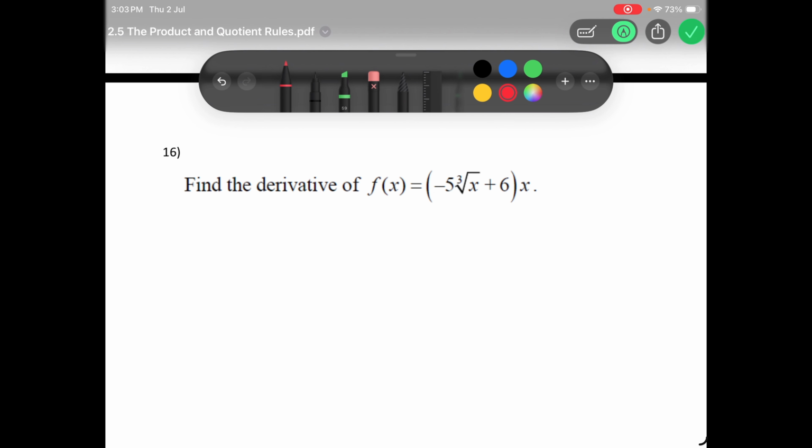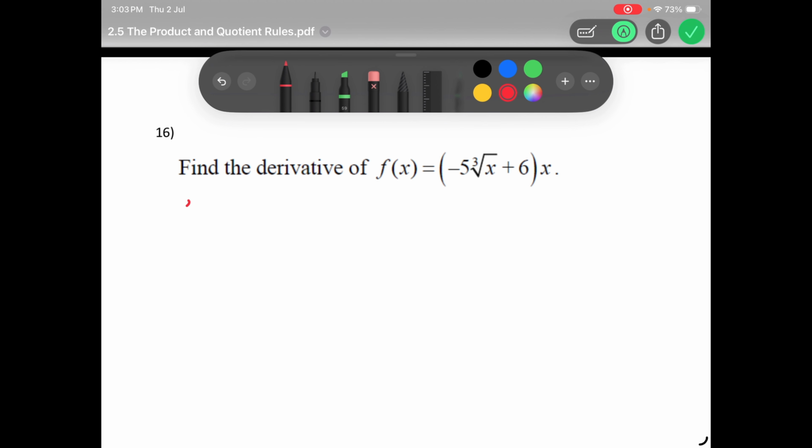So what I will do now, I will convert this cubic root of x to rational exponent. So it will be like this: f of x equals minus 5x to the power 1 over 3 plus 6 times x.